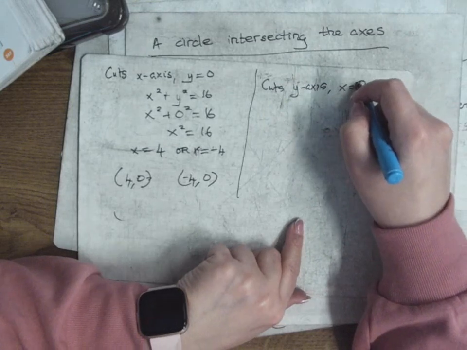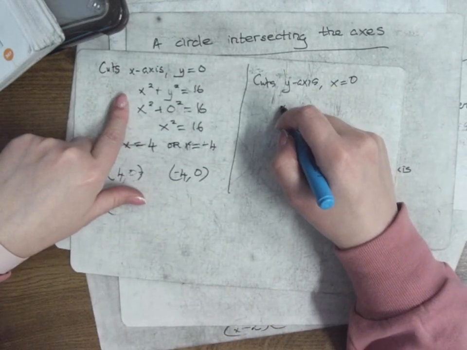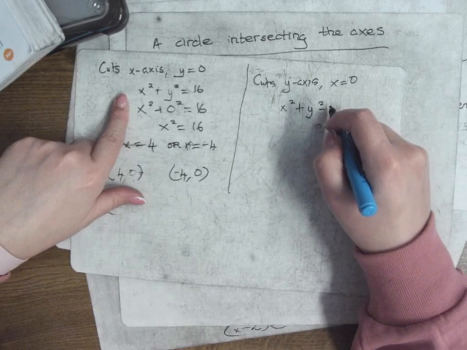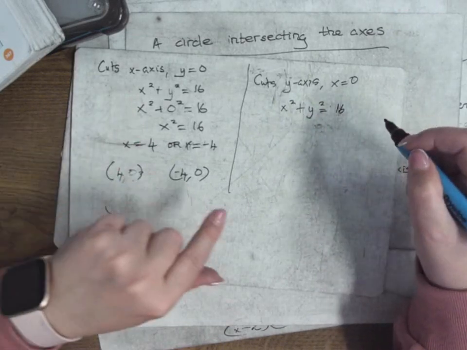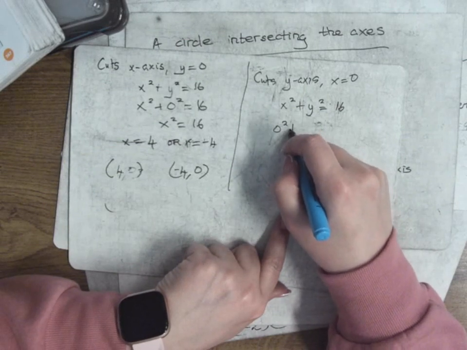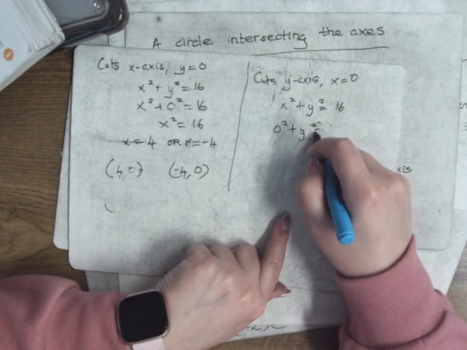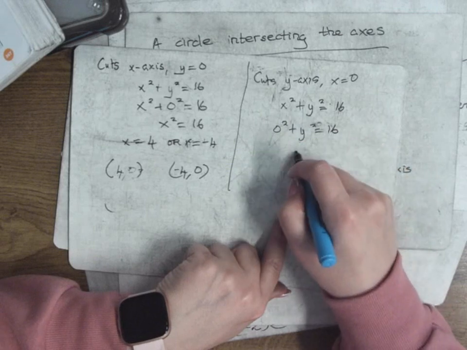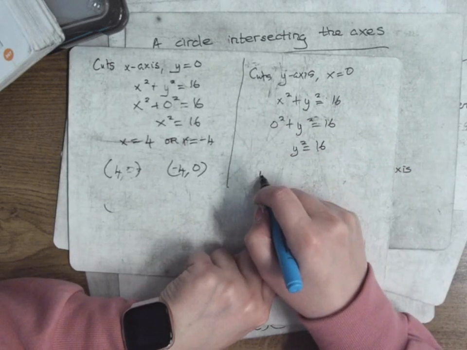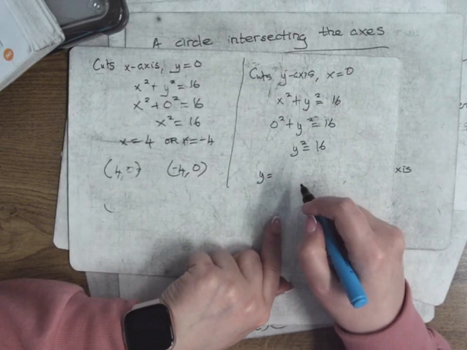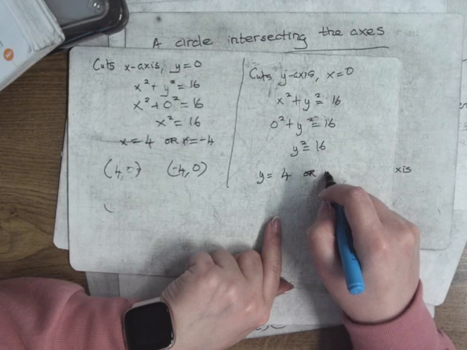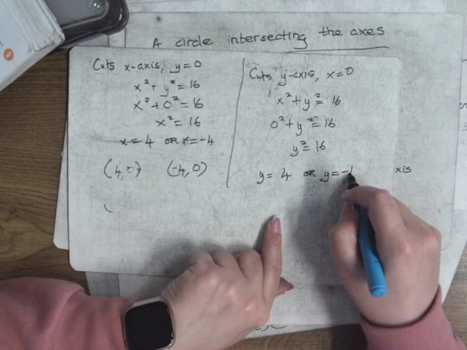So you go back to your equation of your circle again. X squared plus y squared equals 16. And instead of x, what am I putting in? A 0. So 0 squared plus y squared equals 16. So that just means y squared is equal to 16. So again, what could y be? 4, or y could also be minus 4. So there's 2 answers there.